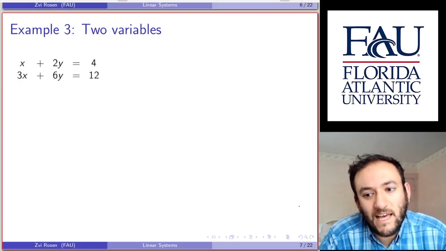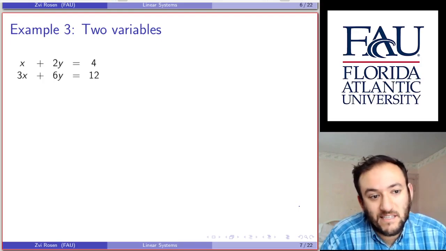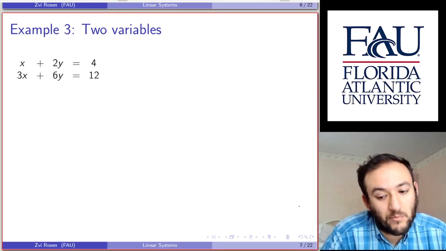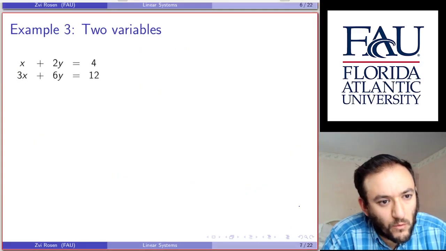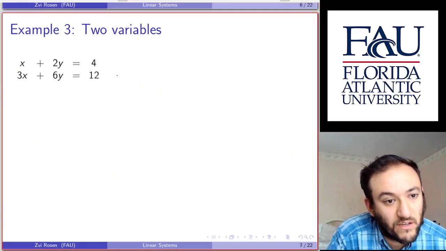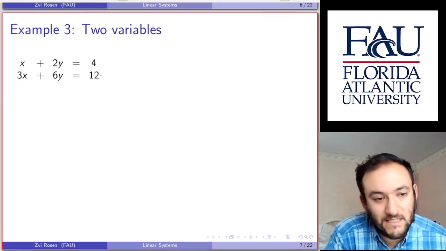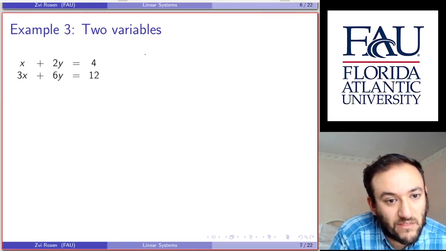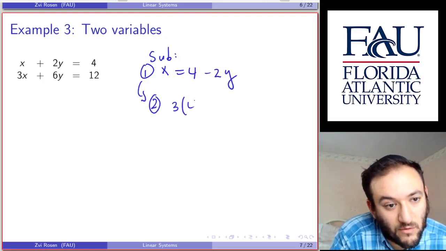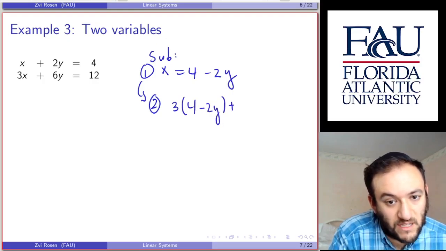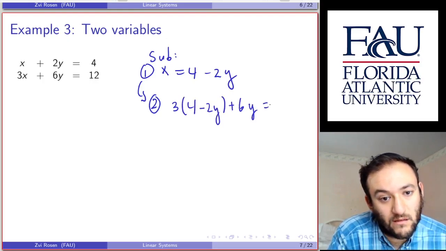And we'll look at one last example of two variables to see another case that can happen. This is similar to the last pair of equations with one small change. Instead of 6, we have 12 here. And you might be able to guess what happens if we tried the same thing. So we'll substitute x equals 4 minus 2y from equation 1 into equation 2 to obtain 3 times (4 minus 2y) plus 6y equals 12.